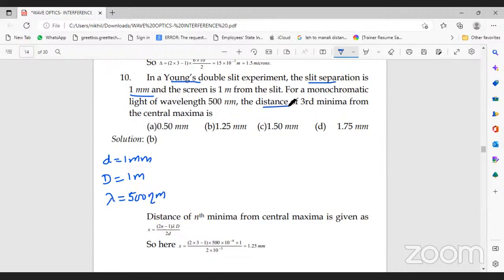They are asking to find the distance of the third minima. Third minimum is third dark. What is the distance of the dark band? (2n minus 1) lambda capital D by 2d. Now you simplify this.